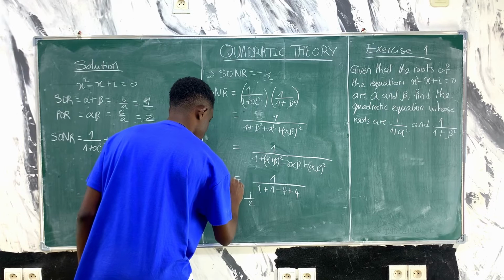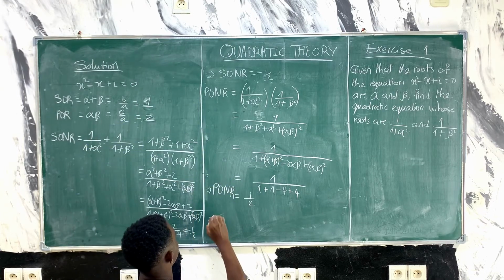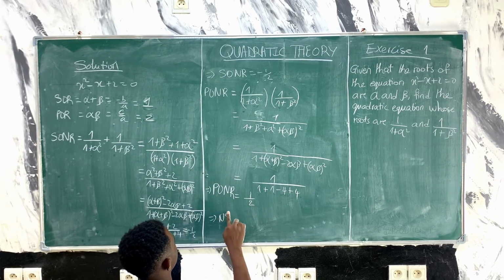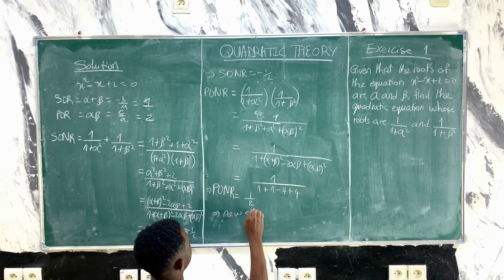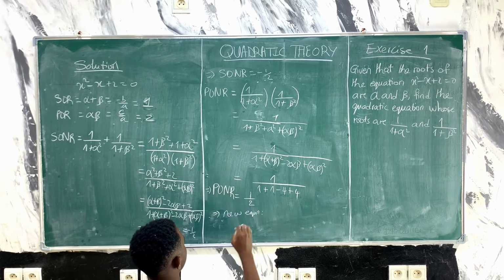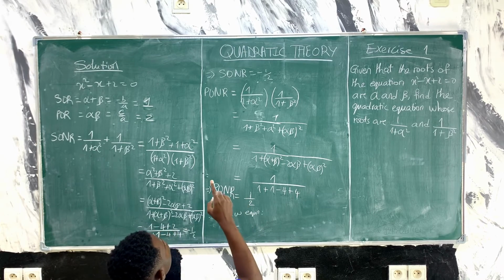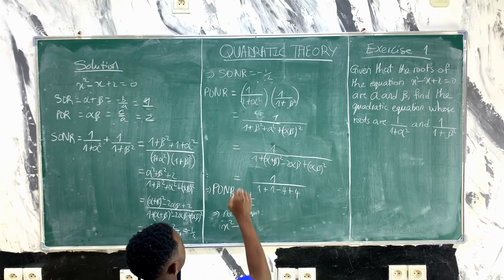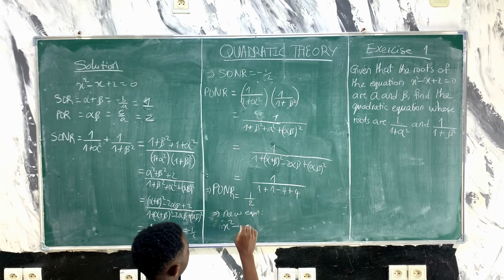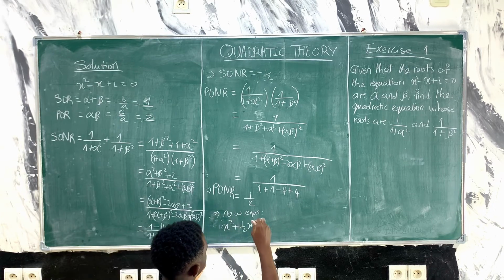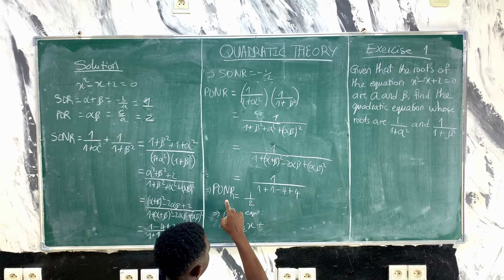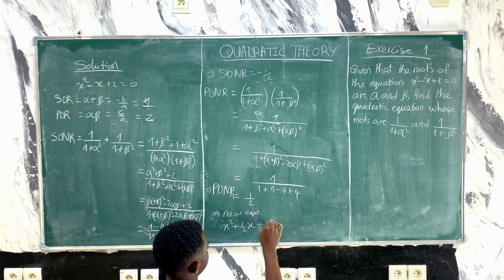This implies the product of new roots is going to be half, which implies x squared minus the sum of new roots times x, which will be minus of minus half. So it will be minus minus half, which is the same as plus half x, then plus the product of new roots, that is plus half.